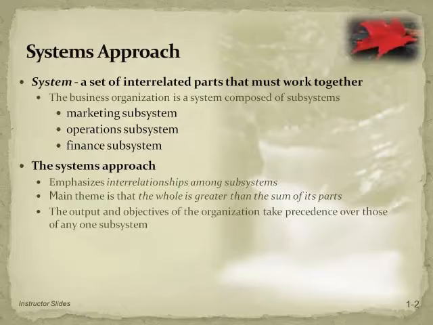All these things must be working together. Well, the same concept applies to the business world as well. So we have marketing subsystems, we have operations subsystems, we have finance subsystems.